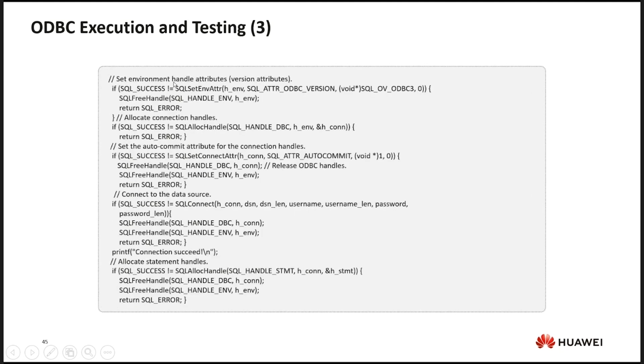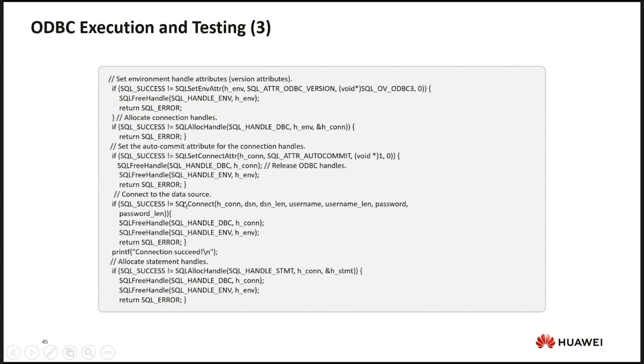Then you set the environment handle attributes using SQLSetEnvAttr. Then you allocate a connection handle with SQLAllocHandle. Then you also set the commit attribute for the connection handle, SQLSetConnectAttr. Then connect to the database, the data source, with SQLConnect.